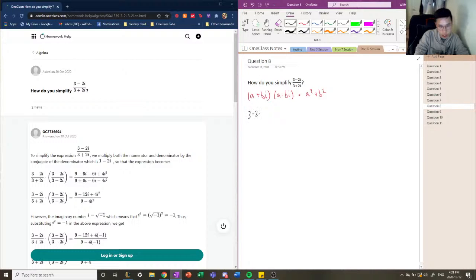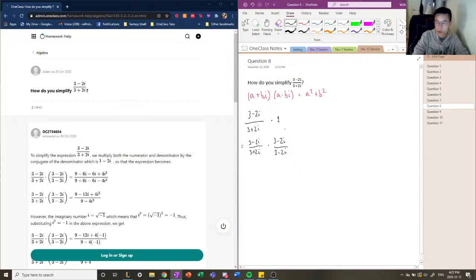First, I'm going to write down my expression here, and we're going to multiply this by 1. Multiplying it by 1 will give us the same answer, right? So I'm going to rewrite this 1 in a different manner. 3 minus 2i is our original expression. I'm going to rewrite 1 as the conjugate of the denominator over itself, which is 3 minus 2i over 3 minus 2i.